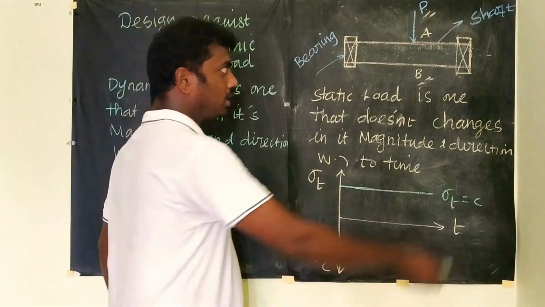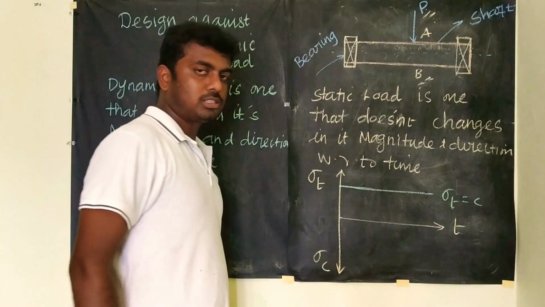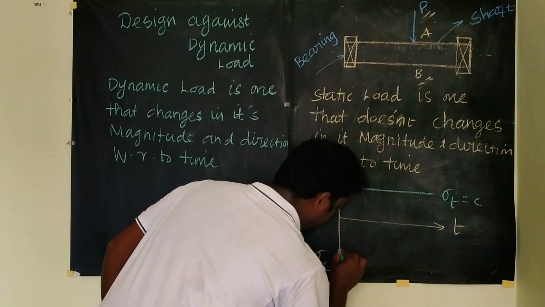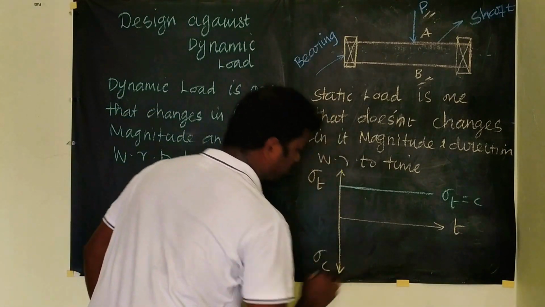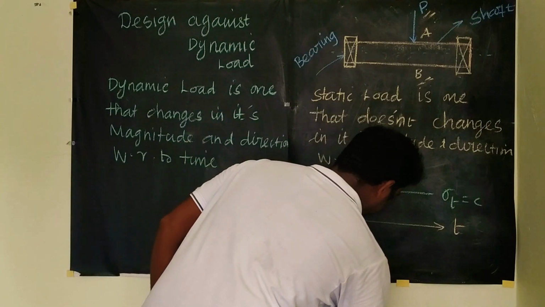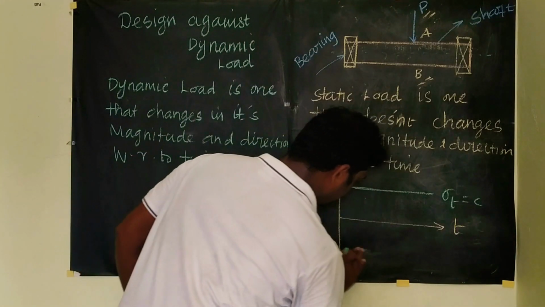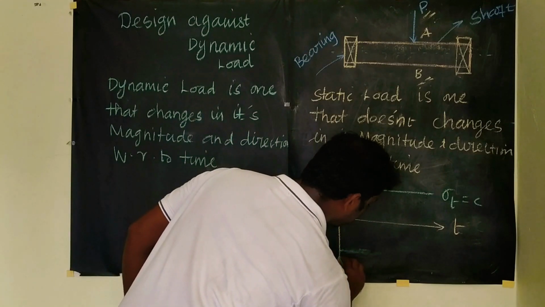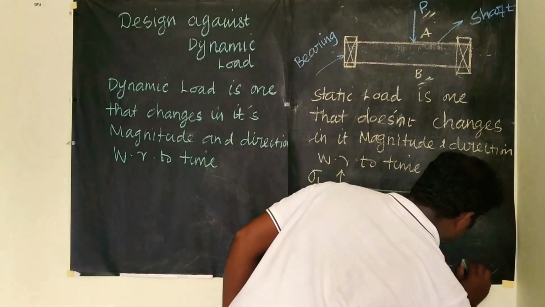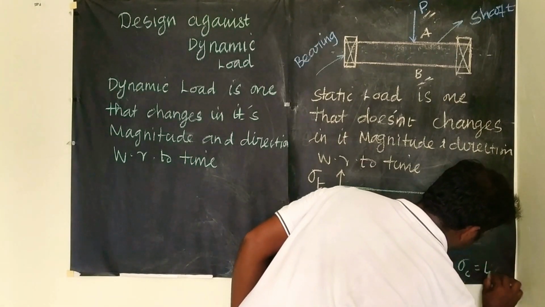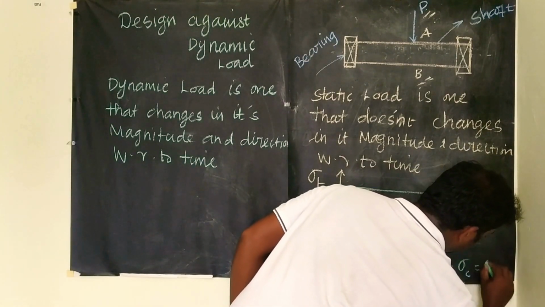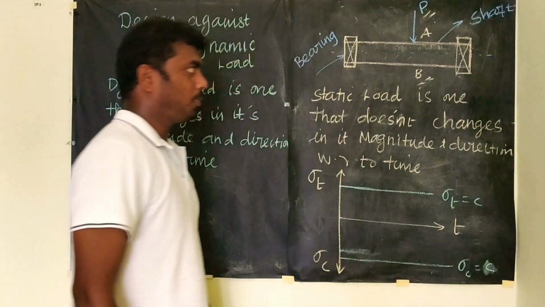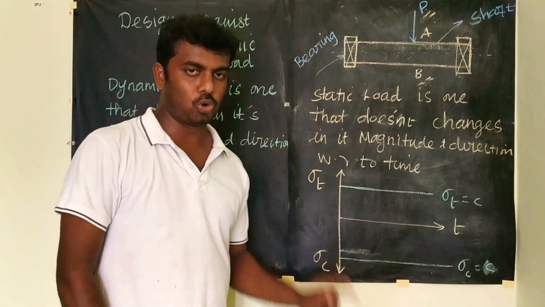Similarly, the magnitude of the compressive stress does not change with respect to time. Here, the compressive stress is a little more than the tensile stress. Sigma c is constant. So this is the graph obtained from static loading.